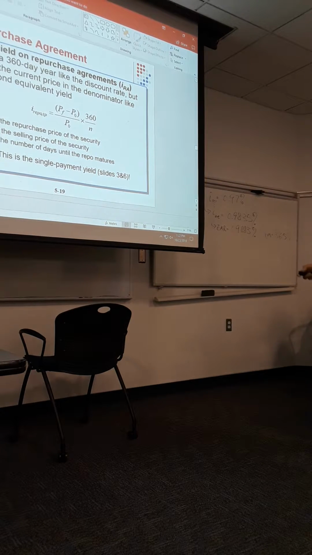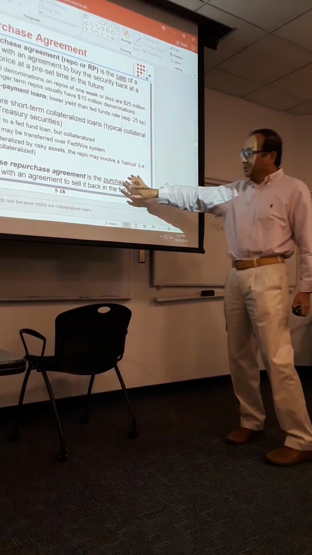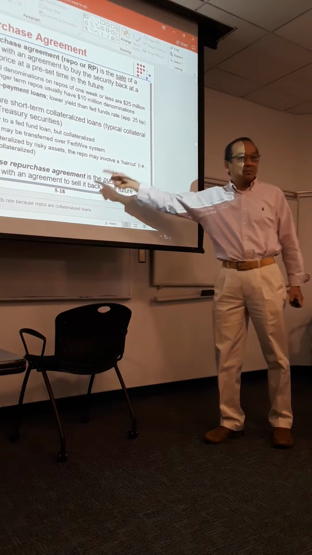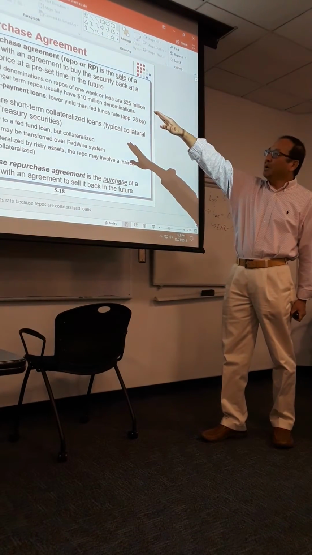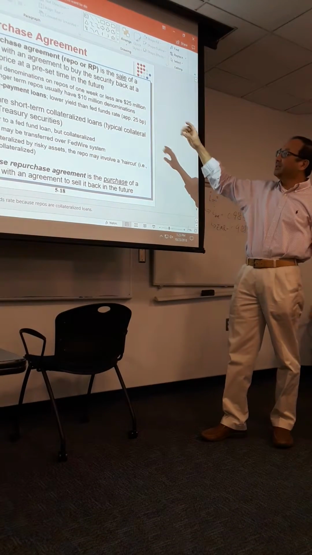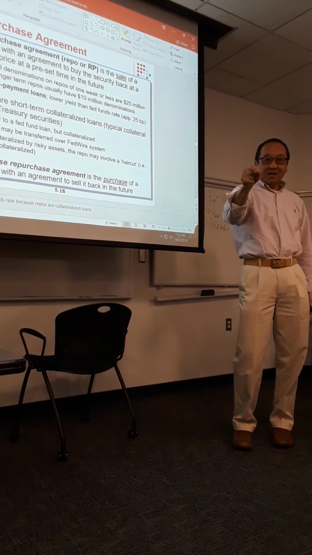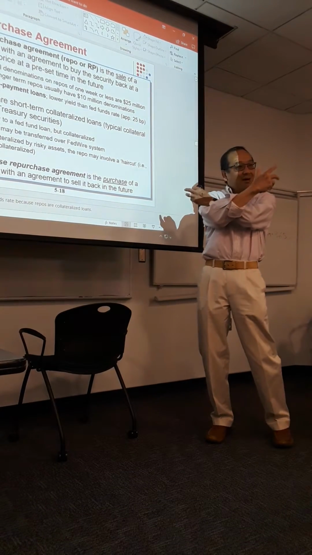Okay. Before we go to the numerical illustration, I want to also point out this. We also have a reverse repo. No surprise. For a repurchase agreement, the normal ordinary repo is you sell something and you commit to the agreement to buy it back, right? The reverse is just the opposite.